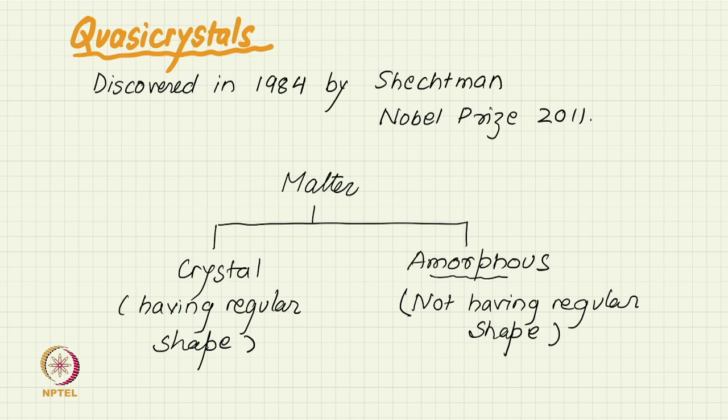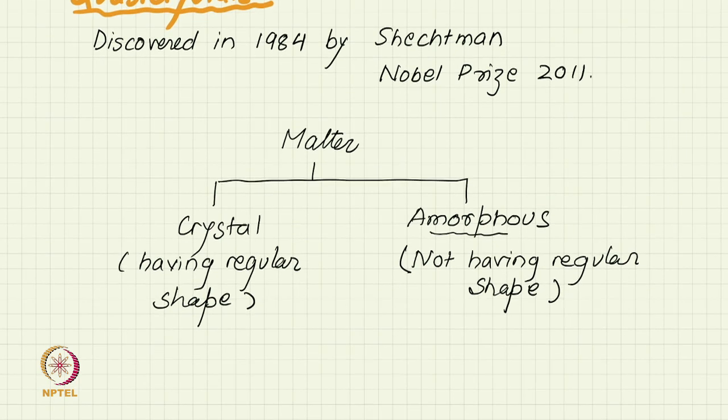Man-made material, of course, you can always shape into any shape you want by machining and casting or rolling. You have techniques of shaping, but when we say having shape and not having shape, we are looking at material as found in nature.